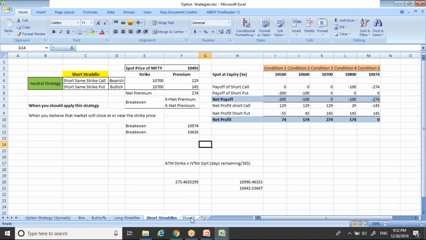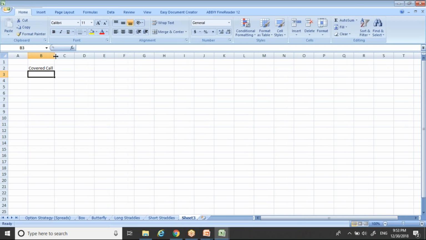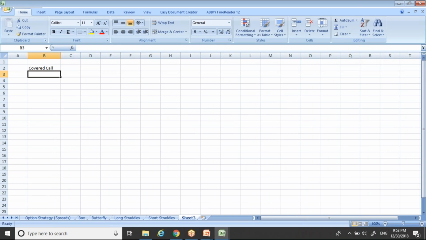What I'll do is create a sheet here and write the covered call. Now we don't have box strategy in CFA level 2; we have this in FRM, and butterfly also I don't think we have in level 2, that is there in FRM. So ignore butterfly and box here. We have straddles and strangles in level 2.